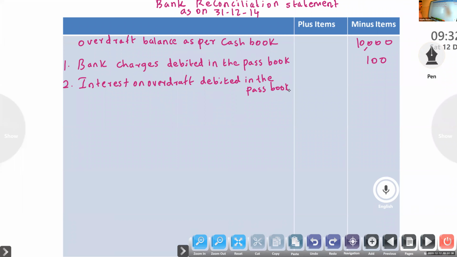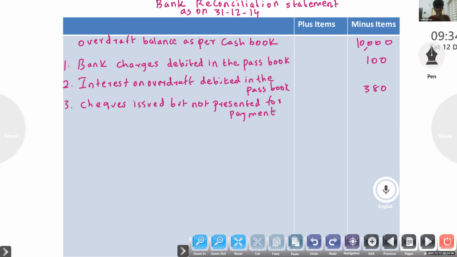Check issued, check given, check drawn. So you have to study the causes. Checks issued, first look at the cause: cash book decrease.